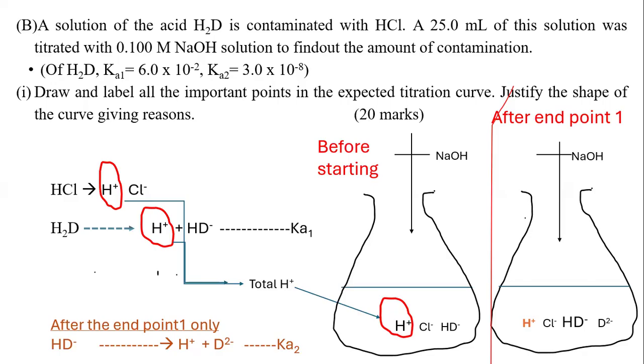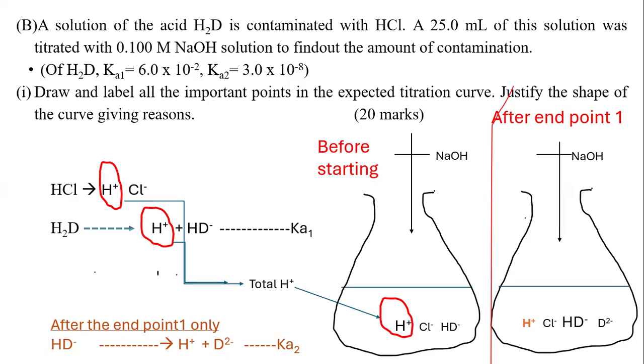So first dissociation, you get H plus and HD minus. So look at the first flask before starting. You have H plus given by 2 dissociation equations, HCl and H2D first dissociation.